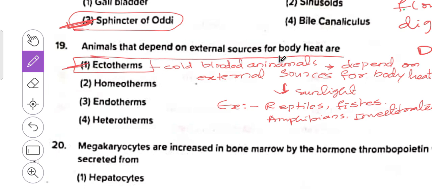Their body heat cannot be controlled or they cannot regulate it. So one is the right answer. Homeotherms, for example birds and mammals, are endotherms and homeotherms, where they maintain a constant body temperature. So the right answer for this one will be 1.